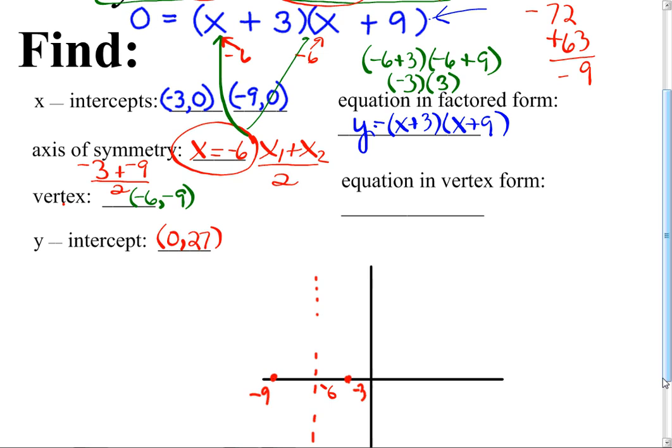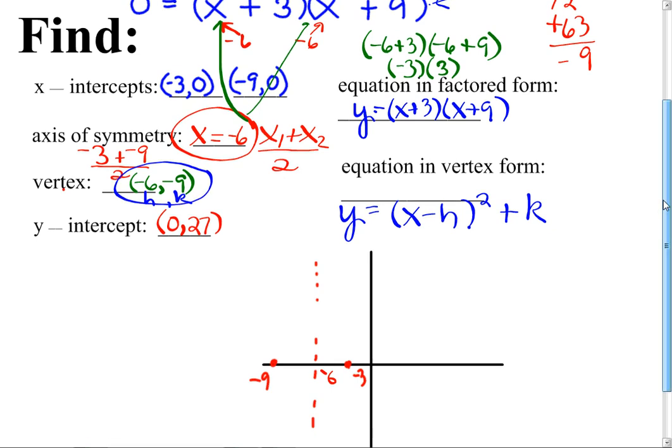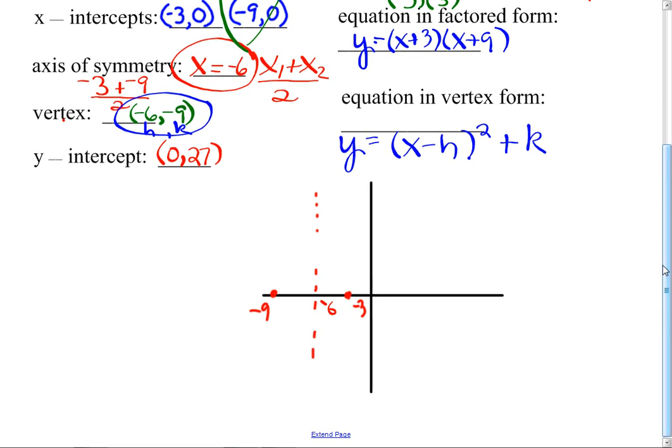Okay, we're almost done here. The equation in vertex form is y equals x minus h, squared, plus k. Now, remember where h and k are? This is h and this is k. This vertex form gives you h and k. I'm going to write it bigger. So I'm going to make negative 6, negative 9.